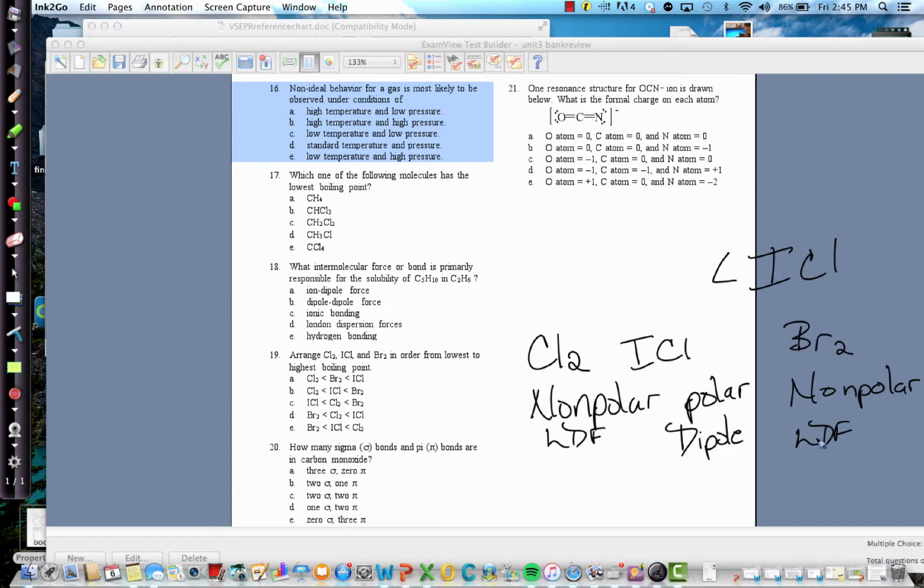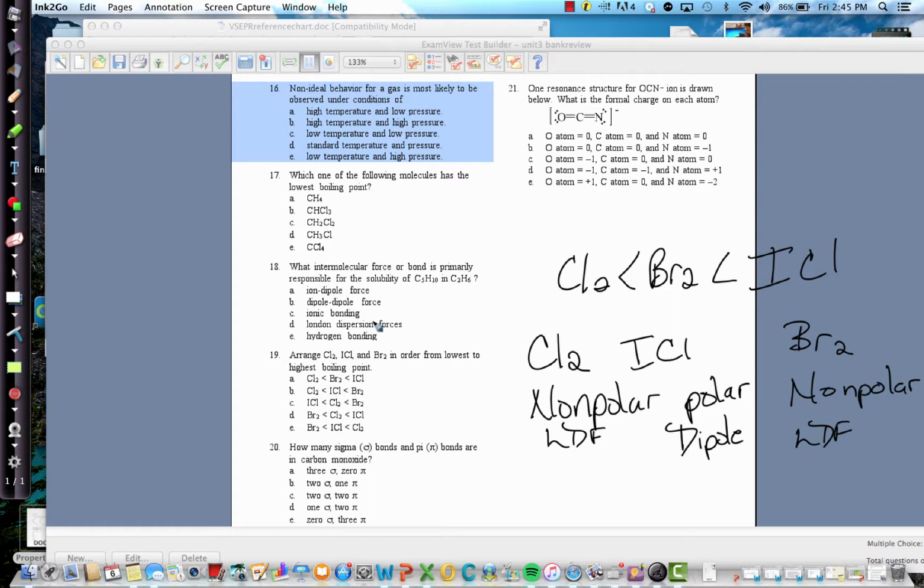Remember, London dispersion forces is when you have a temporary dipole that forms from the movement of electrons. If you have more electrons, you have more chances for LDF. So bromine will have a higher intermolecular force than chlorine. So it should be Cl2, Br2, and then ICl.